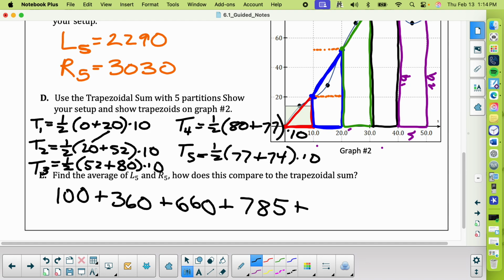Fifth trapezoid, what's that average? 75.5, so 755. And I most definitely don't know what those add up to. It's probably the answer I already had written down though. The average of 2290 and 3030, so it's probably going to be 26.